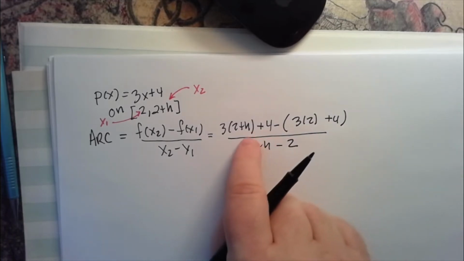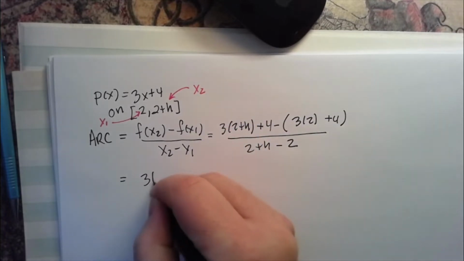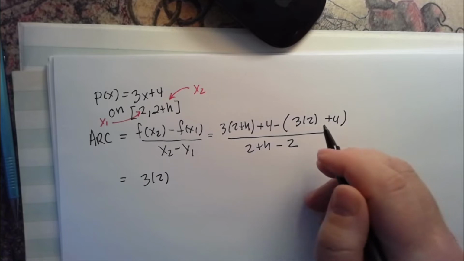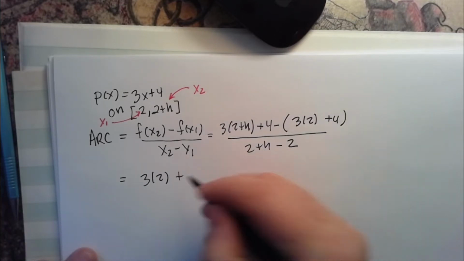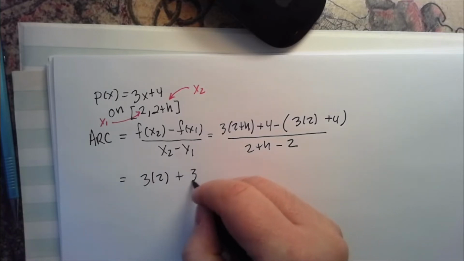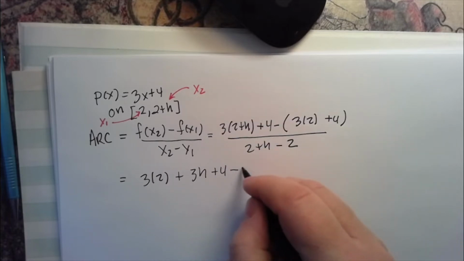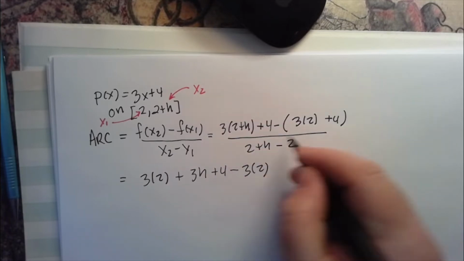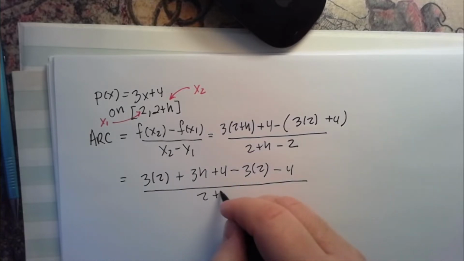Alright, so now I'm going to distribute the 3, so I get 3 times 2, and I'm not going to multiply those together. I mean, you can, doesn't really matter, but for later problems, it actually works out kind of handy to not do that, and I'll show you why. Distribute the minus, and you get 2 plus h minus 2.